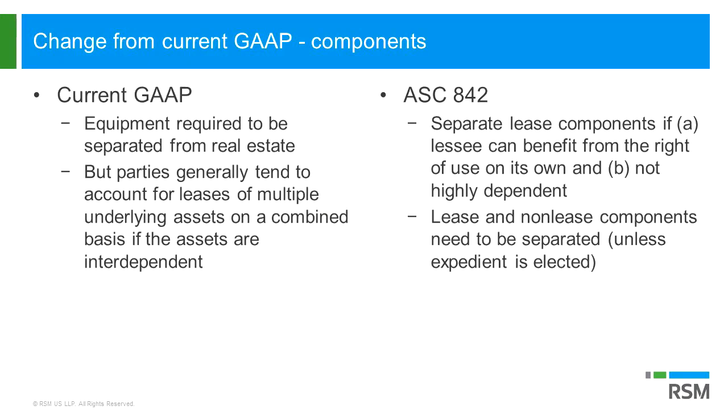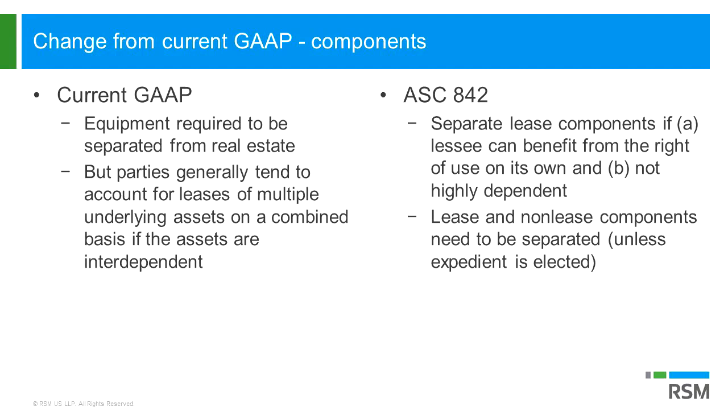With regards to components, the change from current GAAP, which pretty soon will be past GAAP or historical GAAP, as compared to 842: current GAAP equipment is required to be separated from real estate. Both parties generally tend to account for leases of multiple underlying assets on a combined basis if the assets are interdependent.